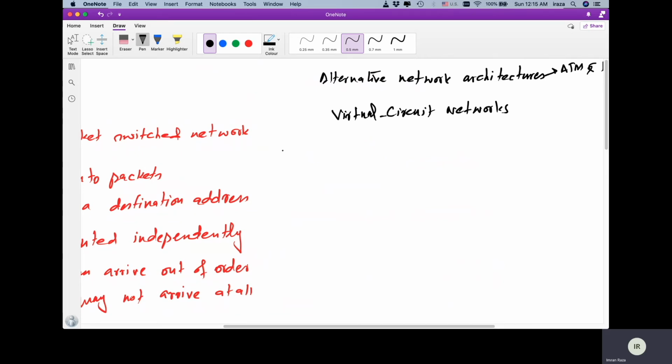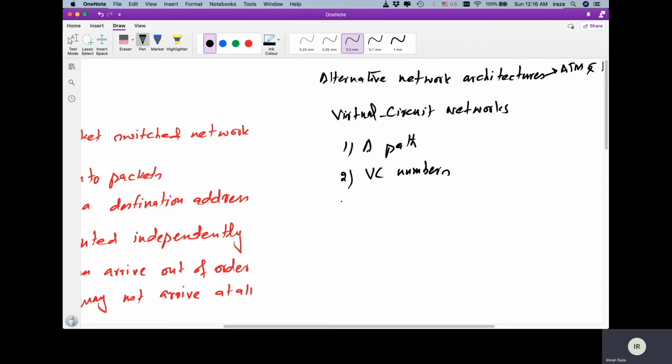And every virtual circuit network consists of, number one, a path between the source and destination host, and this obviously includes a series of links and routers. Number two, it has virtual circuit numbers, one number for each link along the path.